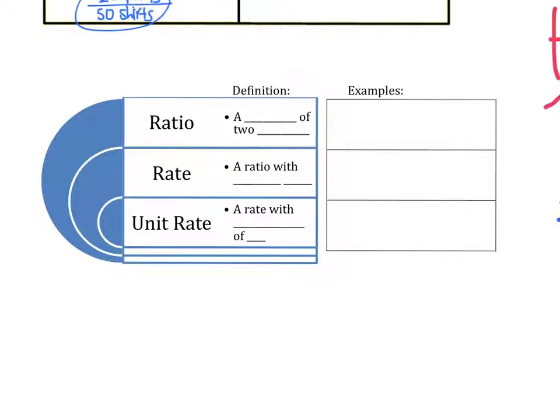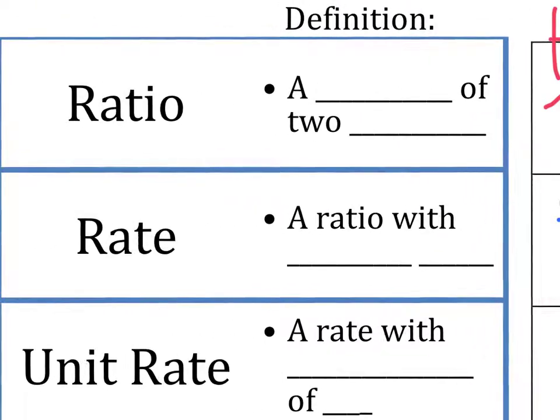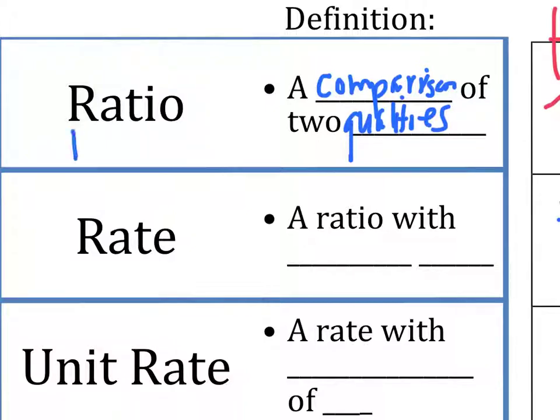So I guess I should zoom in here. A ratio is a comparison. So go ahead and write that down. A comparison of 2 quantities. So we're comparing 2 numbers, one number versus another number. Doesn't matter what those numbers are.